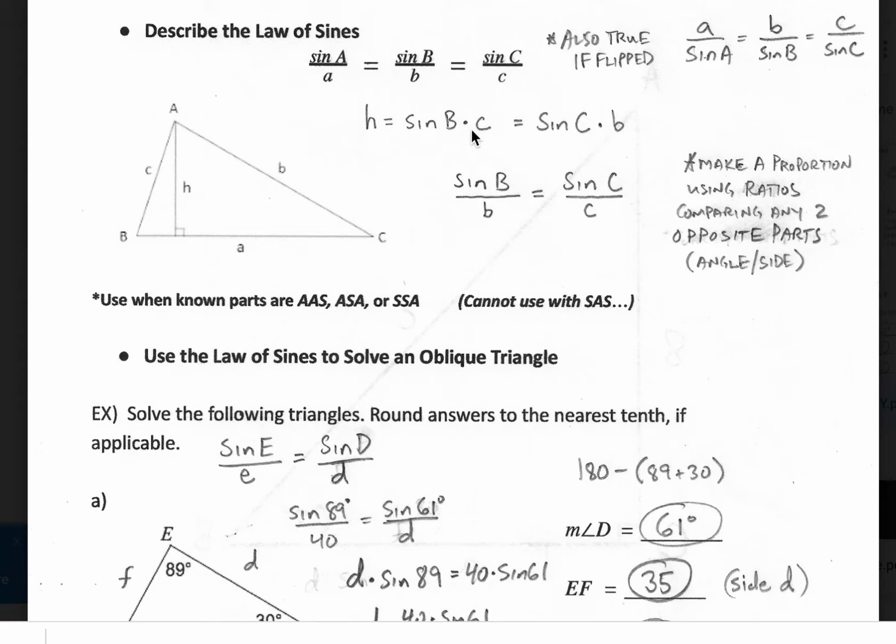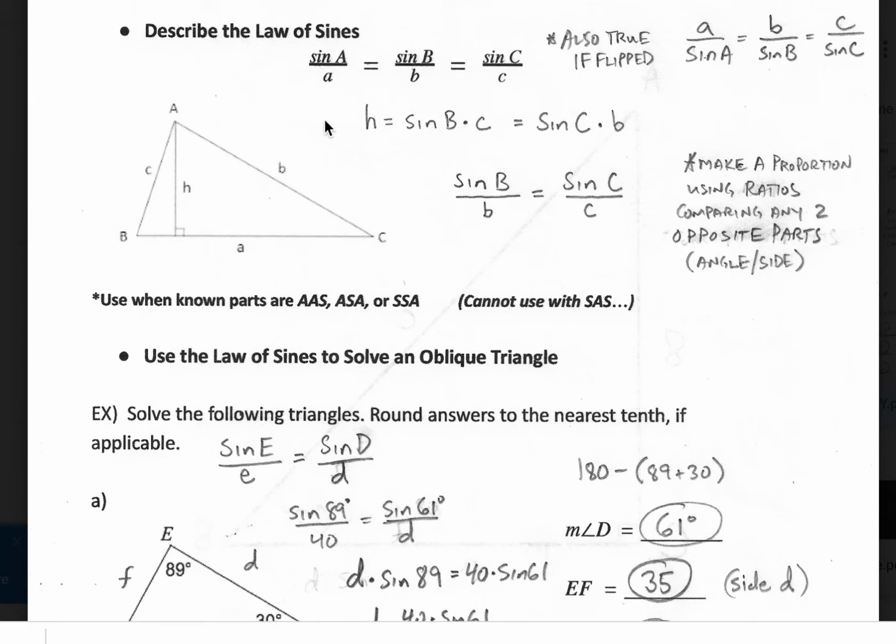If I divide both sides by b, then b is on the bottom over on the left side. So now I've got those two ratios that are equal. I have this proportion that's most of my law of sines, and we could hopefully deduce that if this is true, then it must also be true that the sine of angle A over side a is equivalent as well. And so there is our law of sines.